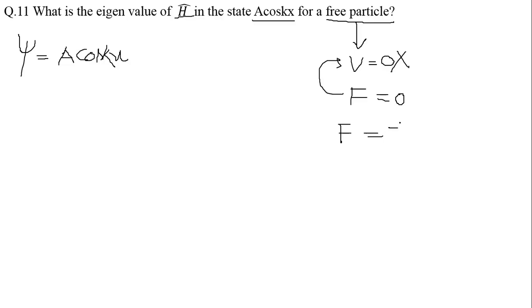F equals minus del V by del R. So force is the negative derivative of potential. The potential can be zero or constant, because the derivative of a constant is zero, and the derivative of zero is also zero. So when a particle is moving in a region where it has zero potential or a constant potential, we can call it a free particle.